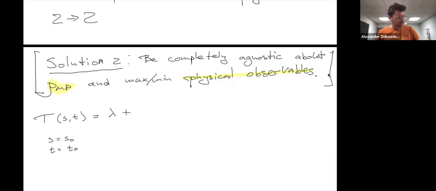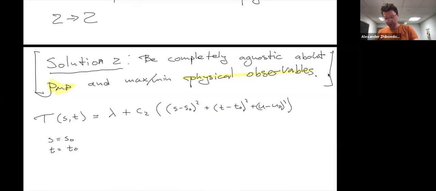The next term is just the Taylor coefficient: C2 times (S minus S0) squared plus (T minus T0) squared plus (U minus U0) squared, plus dot dot dot. And you might ask why there is no linear term. Well, there is no linear term because kinematically S plus T plus U equals 4m squared.